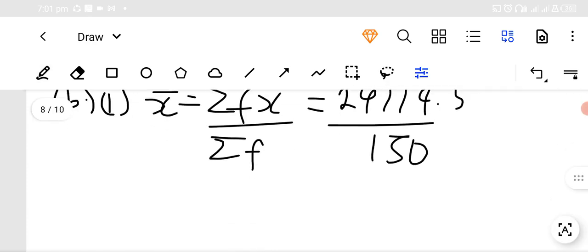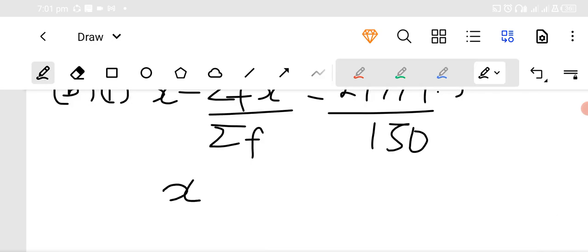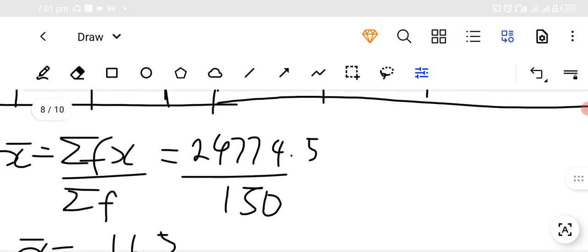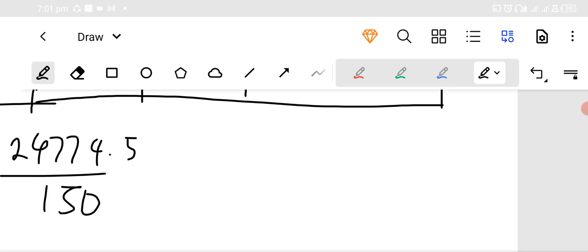Correct to three significant figures, our mean was given by 165.